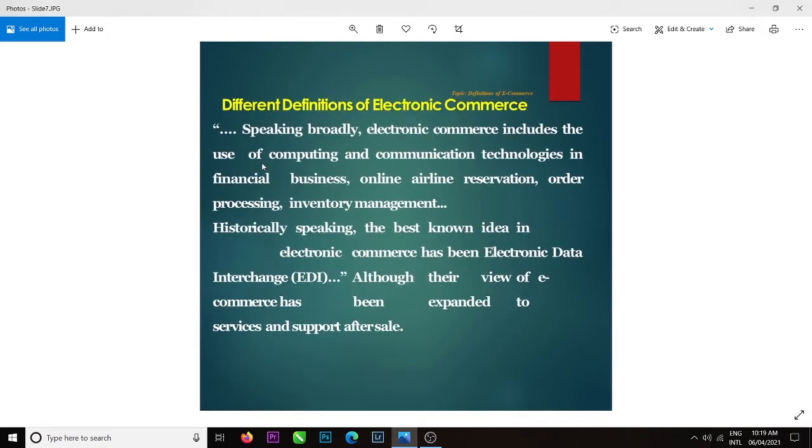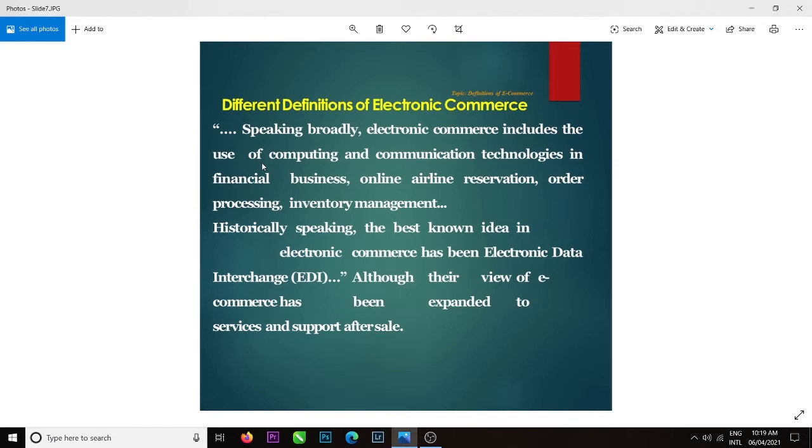In this definition, we came across the meaning of e-commerce as computing and communication technologies in financial business, online airline reservation, order processing, inventory. So in all these aspects computers are involved, the internet is involved, and value exchange happens through the internet.